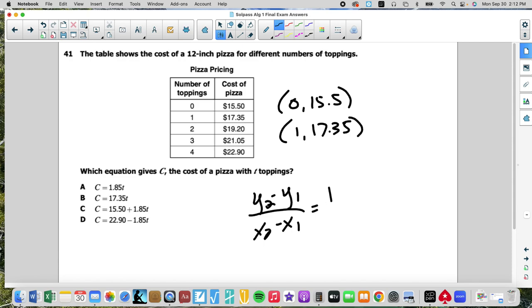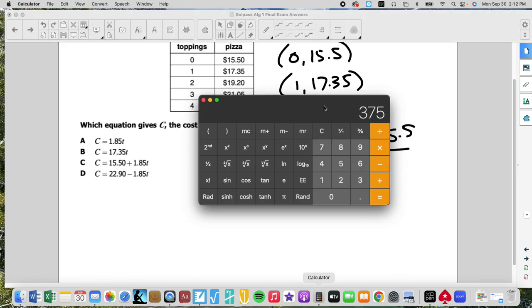Y sub 2 is 17.35 minus y sub 1, which is 15.5, over x sub 2, which is 1 minus x sub 1.